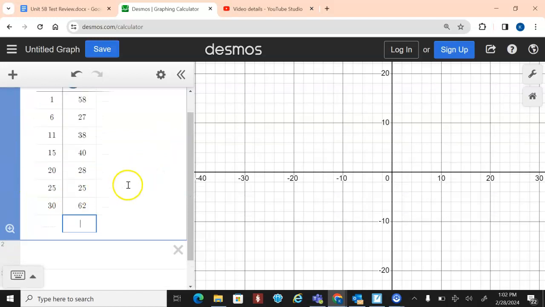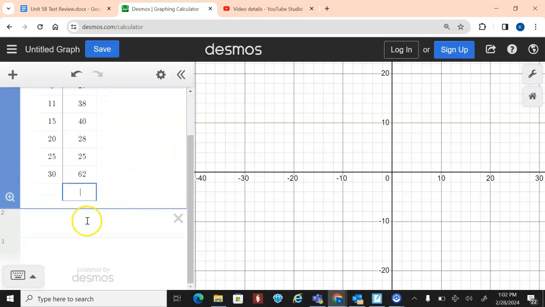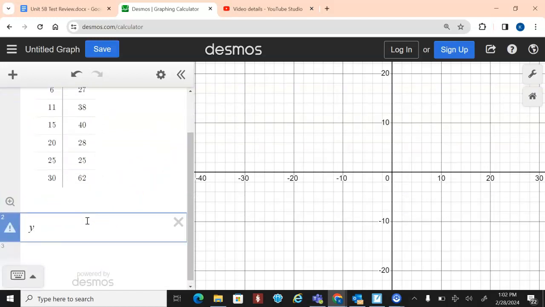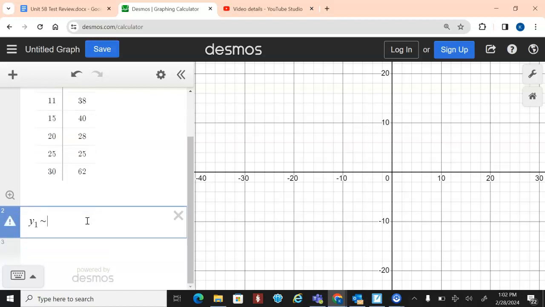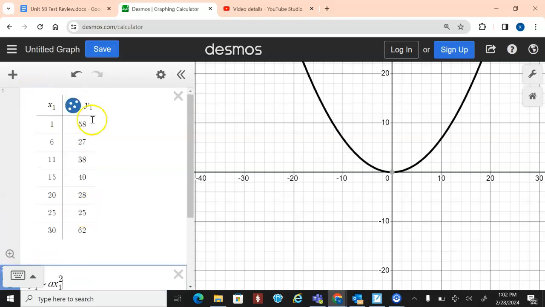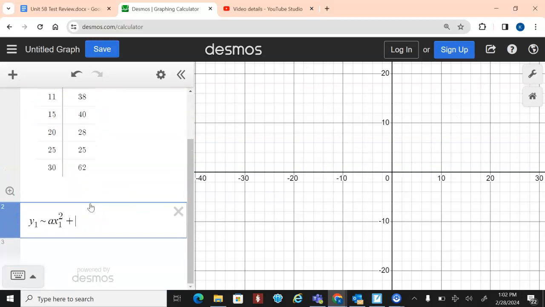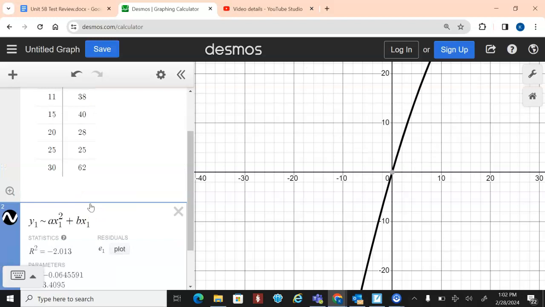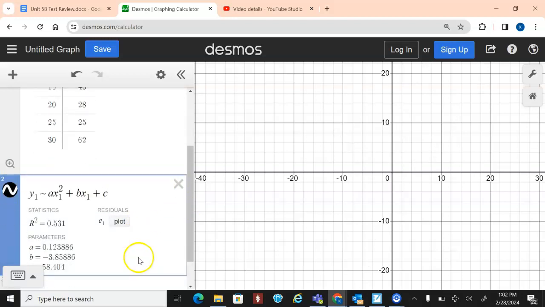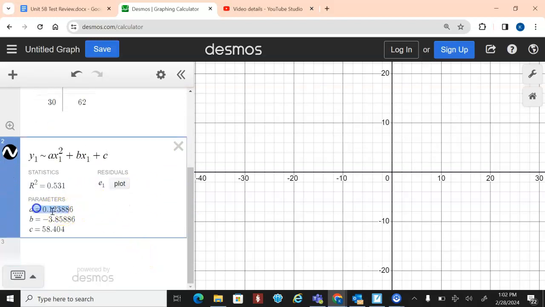I skipped ahead, paused the video, and put it all in for you so it's a little faster. Now remember that my equation is y1, squiggly on the left, ax1 squared, because we're referring again to my table. I'm letting the function know which table it is, plus bx1 plus c. So these are my results: that's my a, that's my b, that's my c.